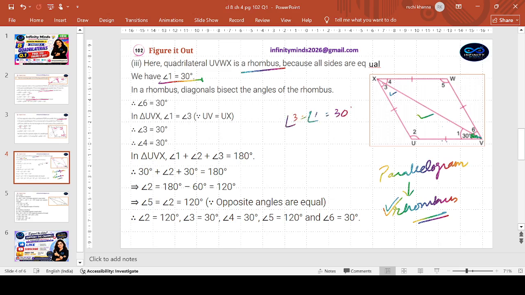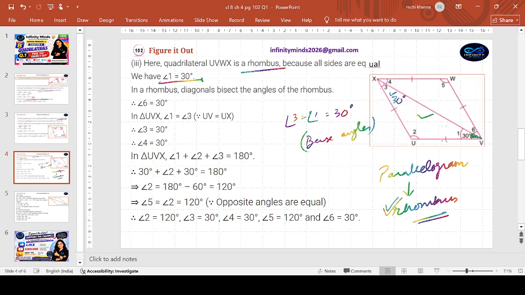If you notice this particular triangle, you have these two sides to be equal. So angles opposite equal sides are equal, which are also referred to as base angles at times, and you would obviously have them to be equal. So two of the angles of this particular triangle will get solved. This would also come out to be 30 degrees.